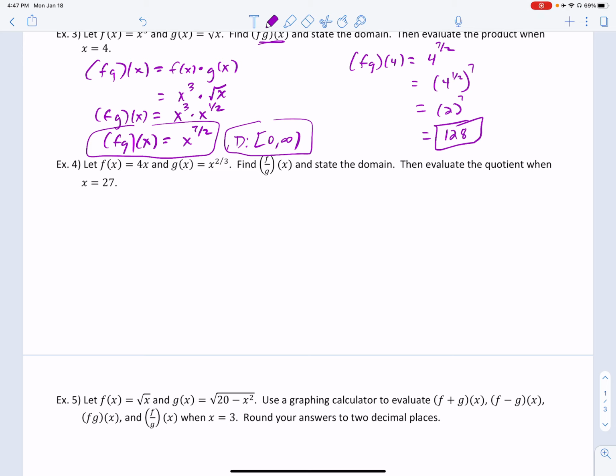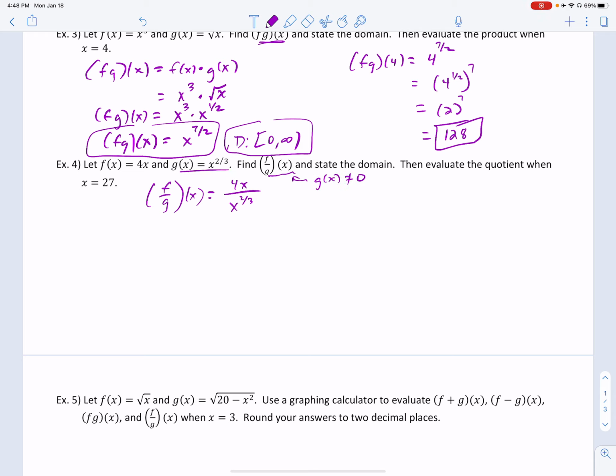We have a quotient. Now, this f divided by g of x just means we're taking f of x and dividing by g of x. But we can never let the denominator be equal 0. This is true, but g of x cannot be 0.